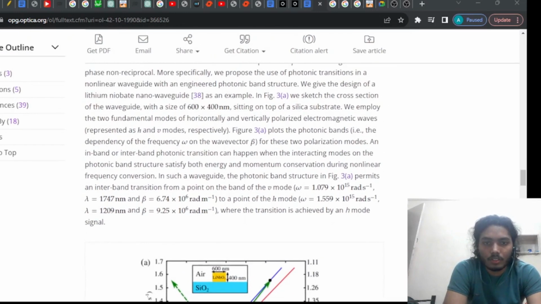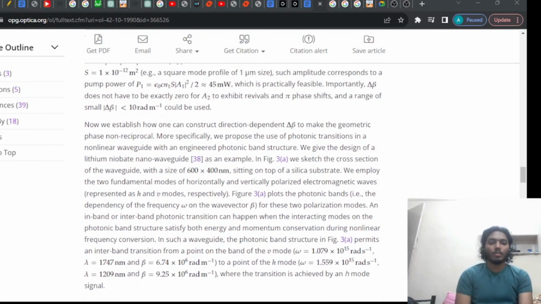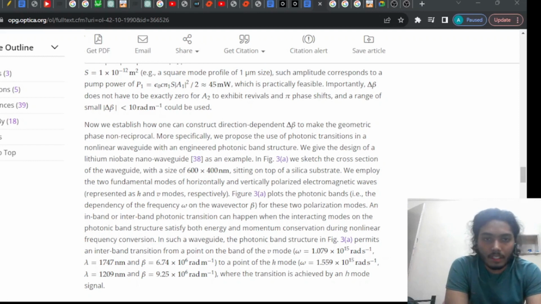So that's all. This is showing the significance of phase mismatching, that when phase mismatch is large, we are getting zero geometric phase.